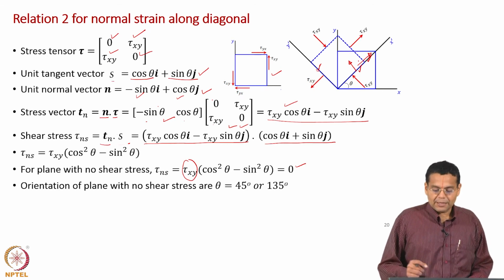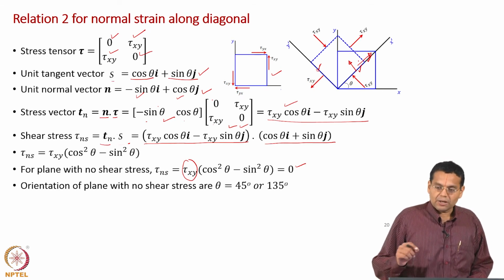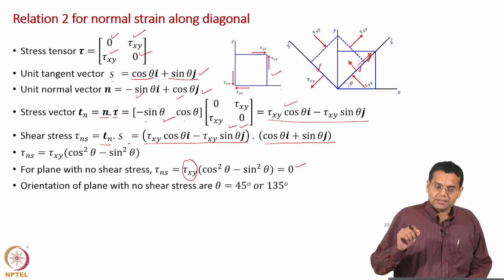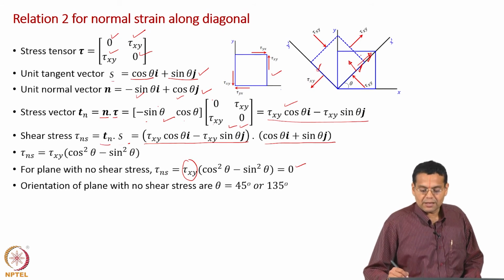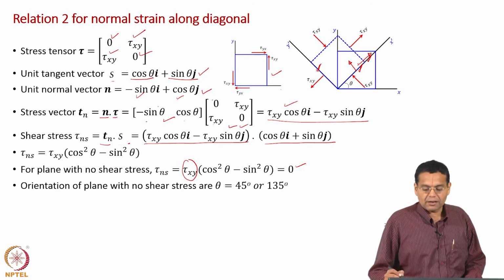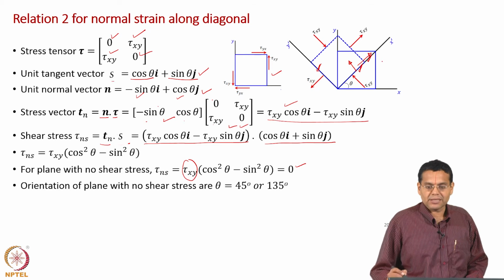That is why we said we will identify a plane along which there is no shear stress. So, along this plane there is no shear stress, only normal stress, and on this plane also, which is 90 degrees, there is no shear stress, only normal stress.